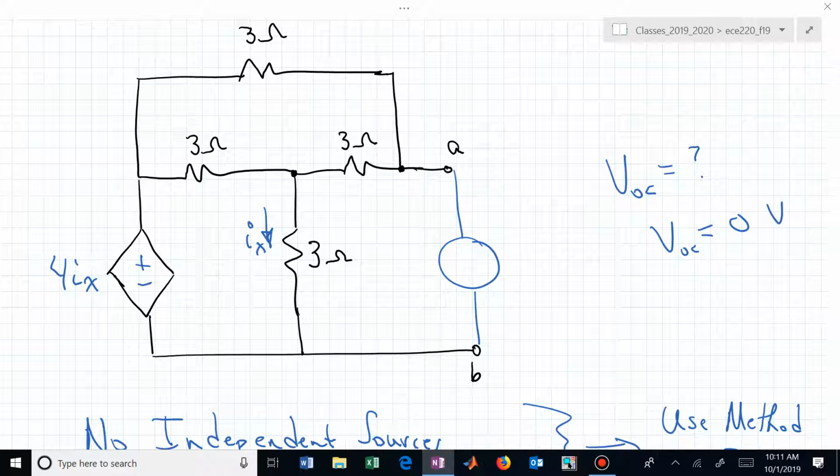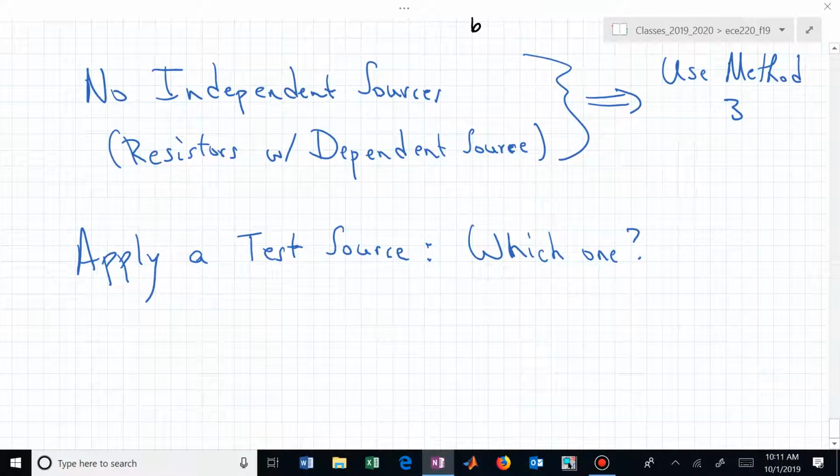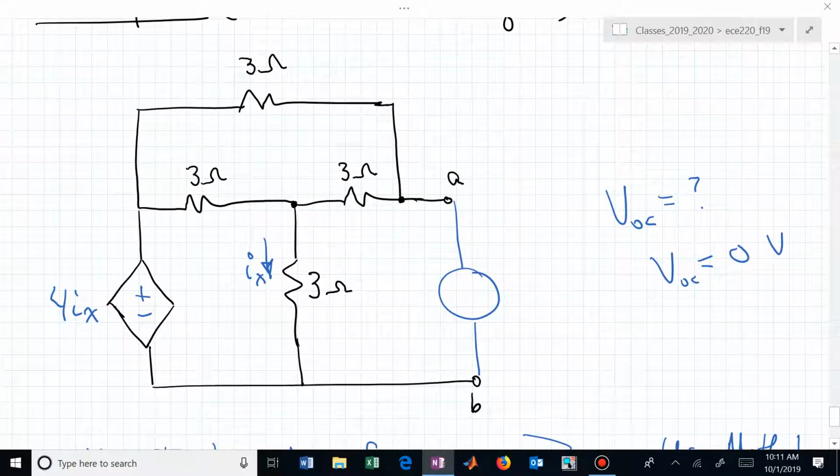You're putting an independent source between A and B. What do we put in the circle? Well, you could either put an arrow or a plus and minus sign. We're using either a 1 amp or a 1 volt. And depending on what we put in there, how are we going to analyze the circuit? Gosh. What are the analysis strategies that we've developed?